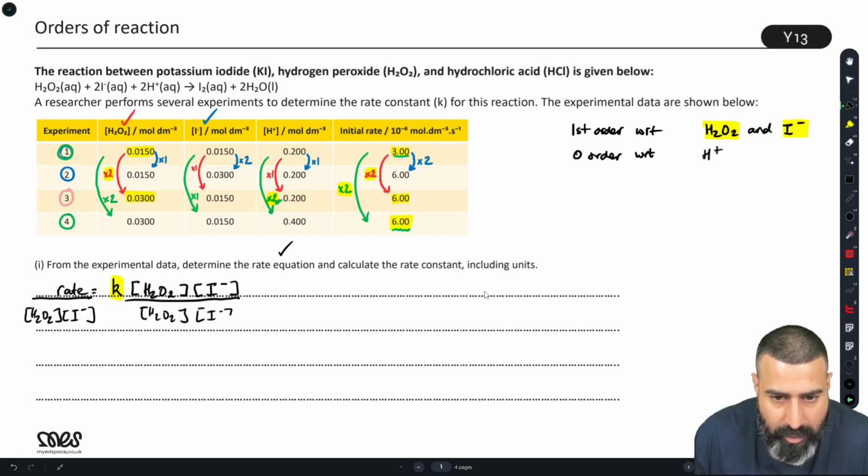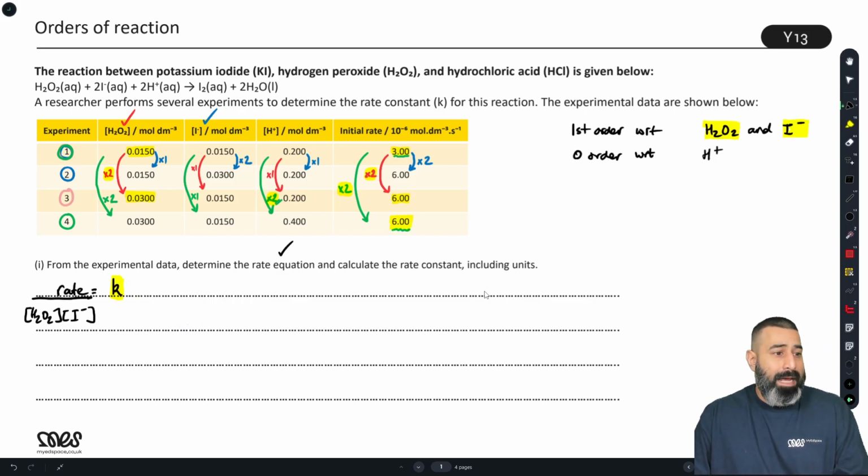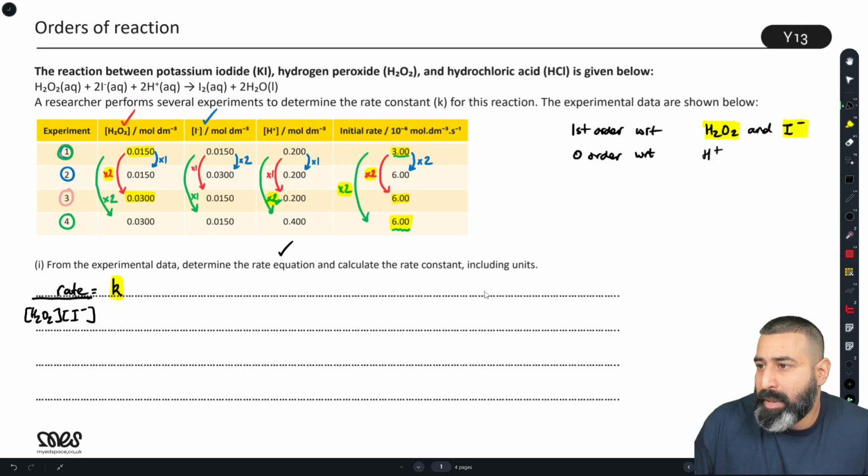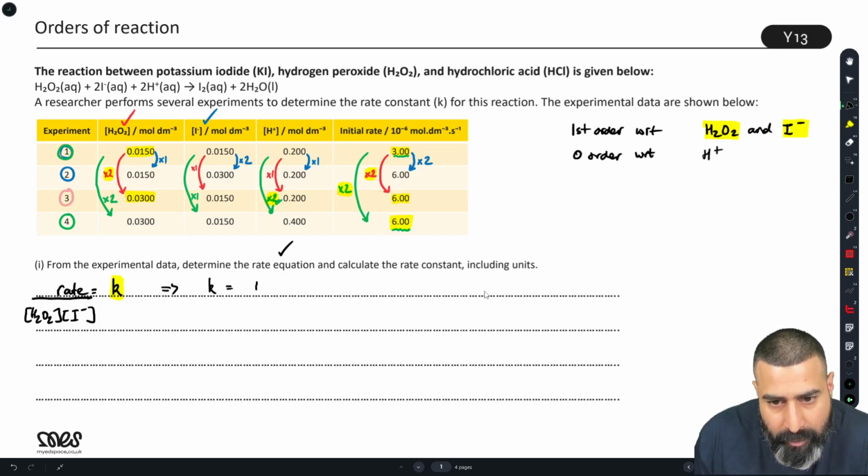So that's going to cancel out, that's going to cancel out, done. Okay, so first rearrange without putting any numbers in, okay? Now that we've rearranged, we can plug in some numbers. So K equals the rate over H2O2 and the I minus.